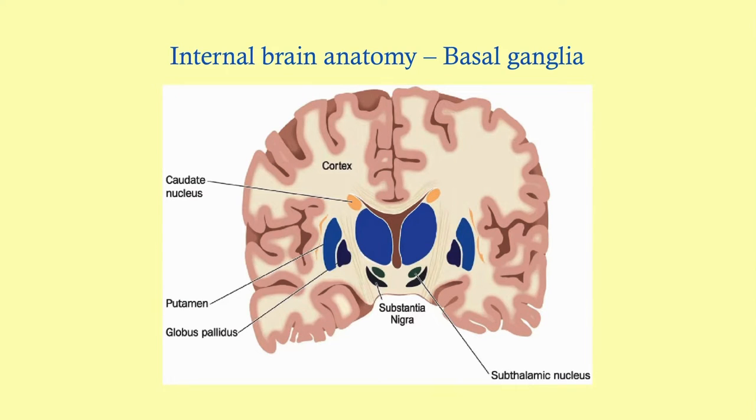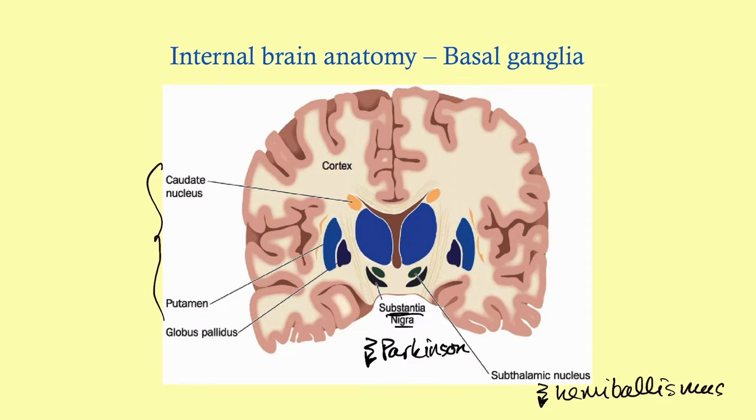So first off, as you probably are aware, the substantia nigra is affected in Parkinson's. Okay, those are dopaminergic neurons. The subthalamic nucleus, when damaged, can cause hemiballismus. And the caudate and putamen are implicated in Huntington's.